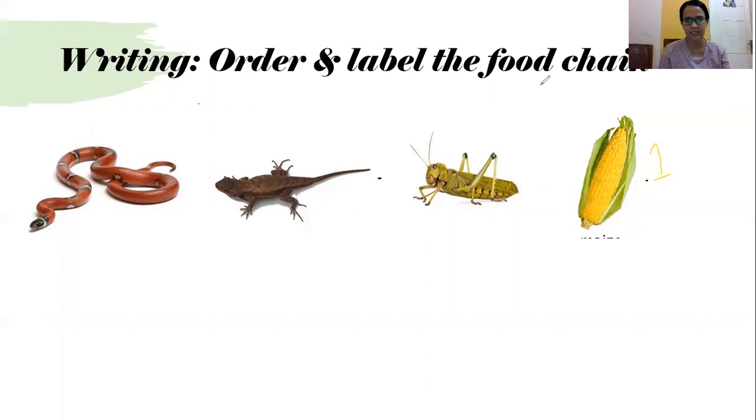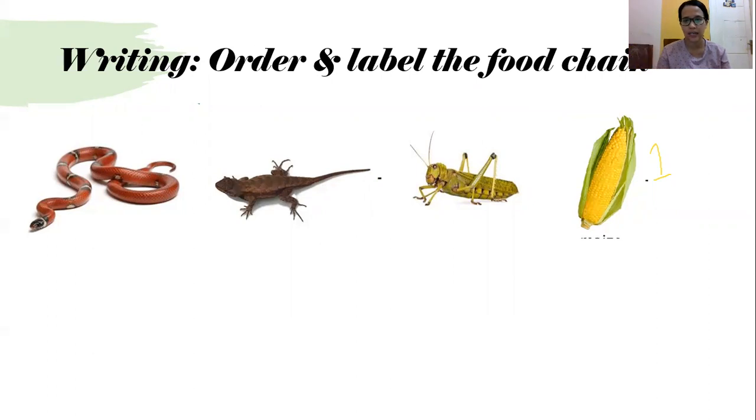It also has four items, so it means it will go from the lowest to the highest, from the producer to the tertiary consumer. Okay, you guess first. So it will be the producer first, and then the second one, the small animal. The third one could be bigger, and the last one should be strong and big.